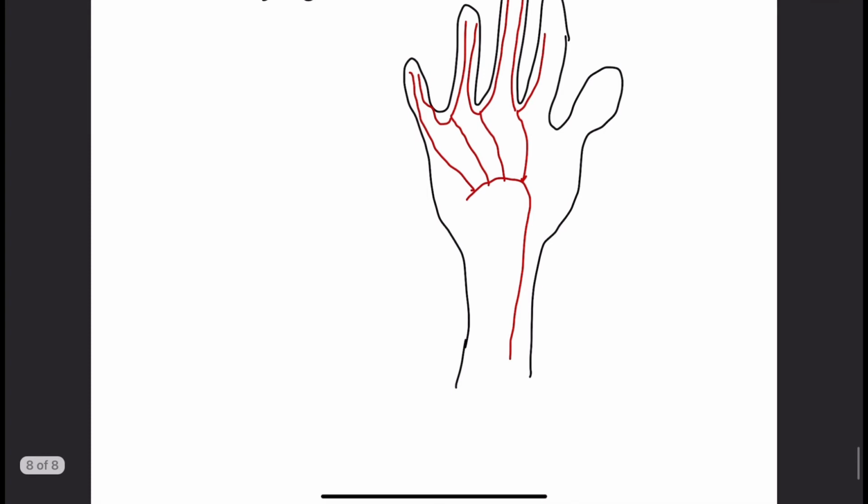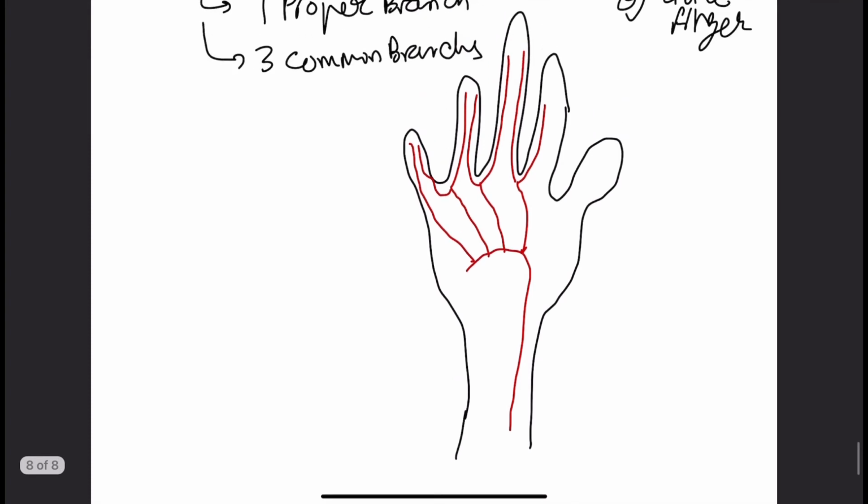These 3 are your common branches. These go here and then terminate into 2 proper branches. See, common branch, proper branch, common branch, proper branch.